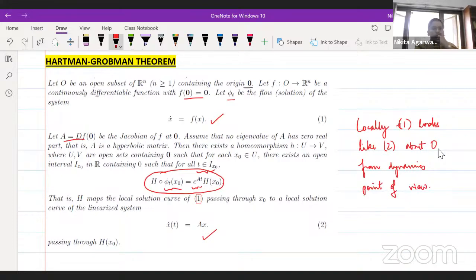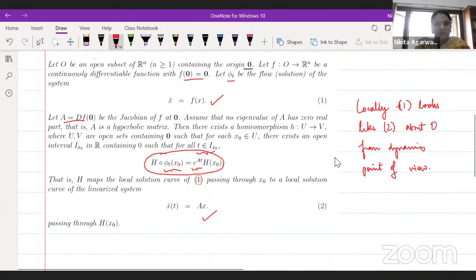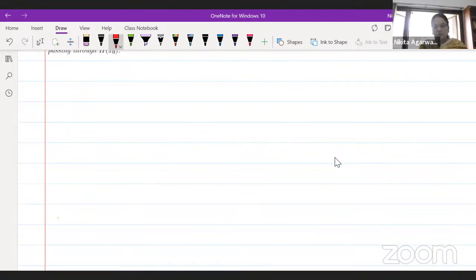Okay. So let me explain this theorem with an example. You consider the system x dot equal to minus x, y dot equal to x square plus y.